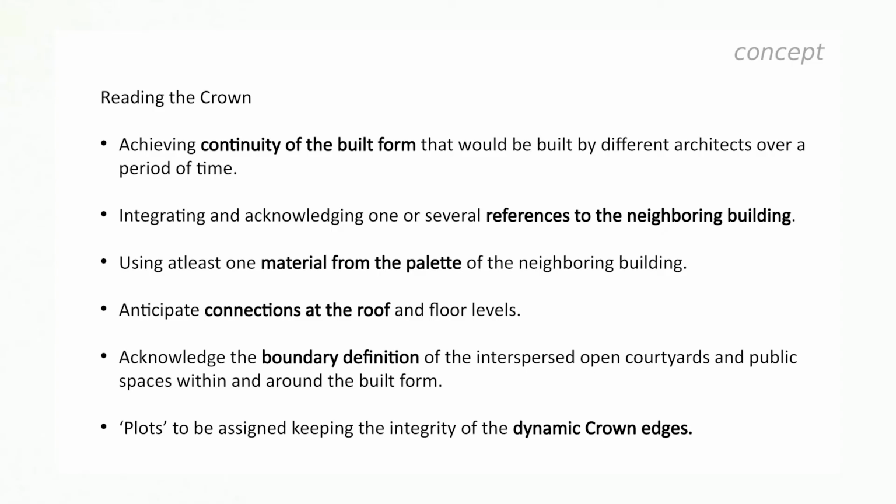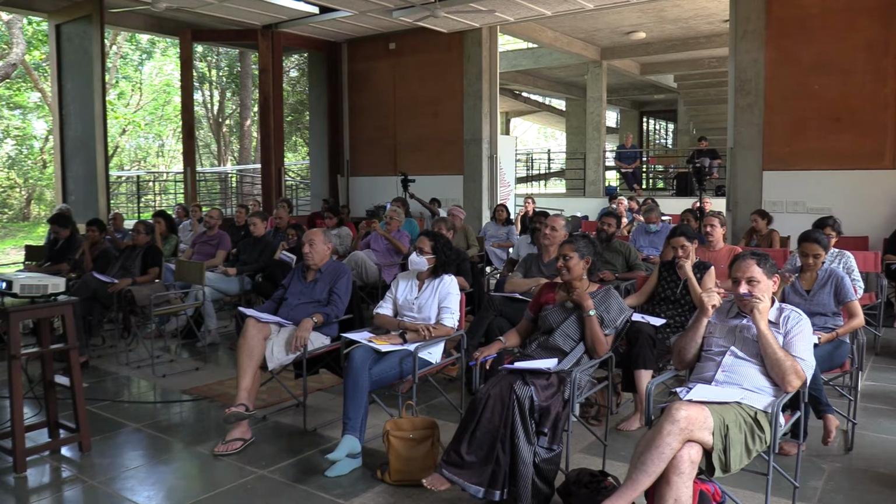The inferences which we drew from this looking and drawing act was that it's a continuous built form, built by different architects over a period of time. How do you make a single building which different people built and still looks cohesive? One idea was, referencing your neighbor is a given.